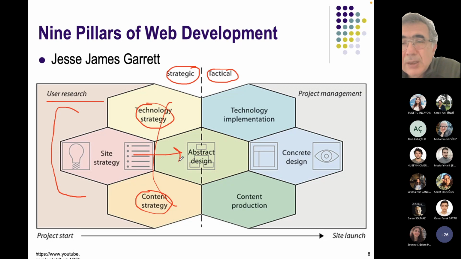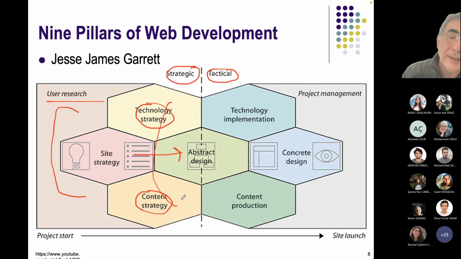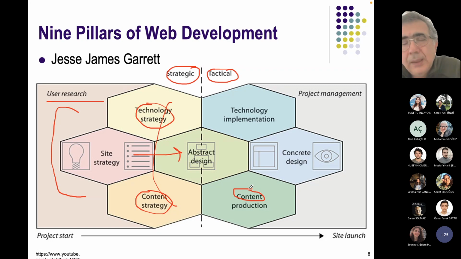Through abstract design, you then shift to implementation and content production together, because making a web page technologically doesn't mean that it's complete. You also need the content, because the content will be consumed.